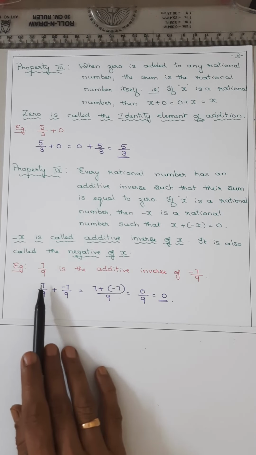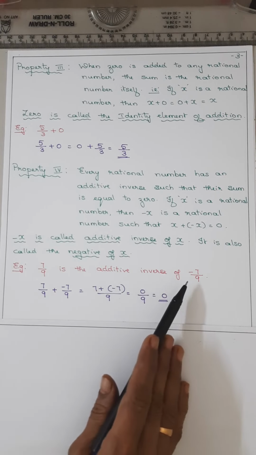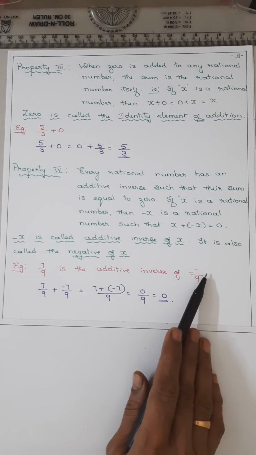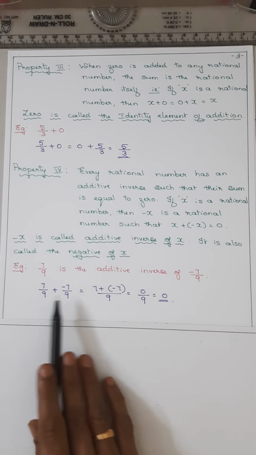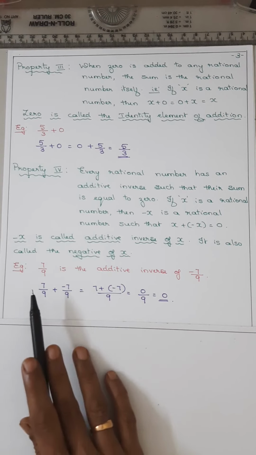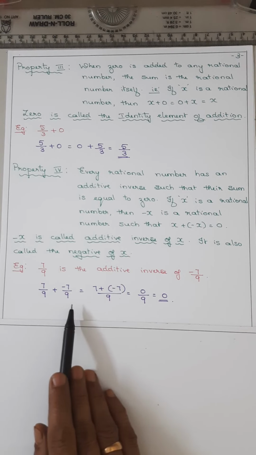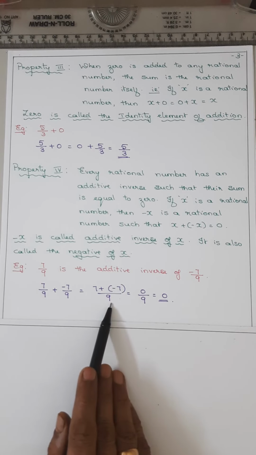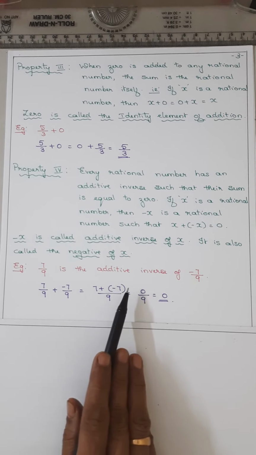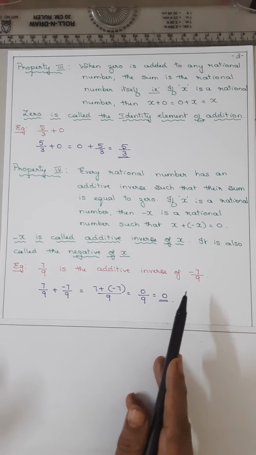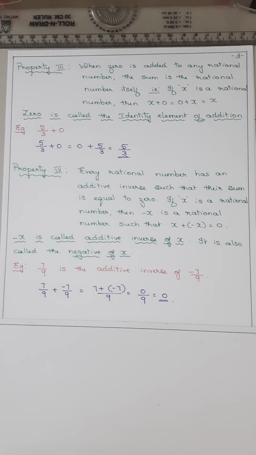Example, 7 by 9 is the additive inverse of minus 7 by 9. Why? When you add both, 7 by 9 plus minus 7 by 9, 9 is the common denominator, 7 plus minus 7, the answer is 0 by 9, that is 0.